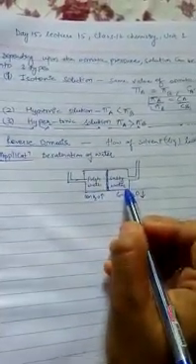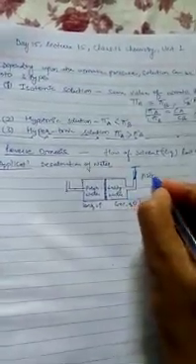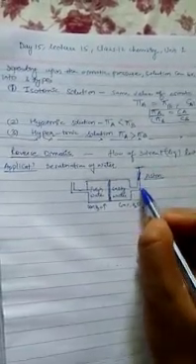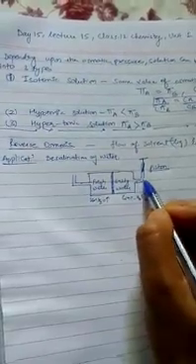But what will happen in reverse osmosis? When we apply pressure, say here there is a piston, and I apply a pressure in this container, then the pressure here will be more.